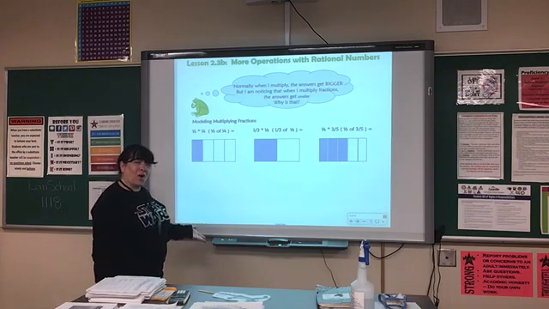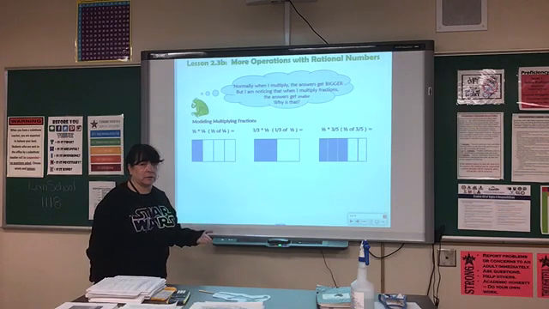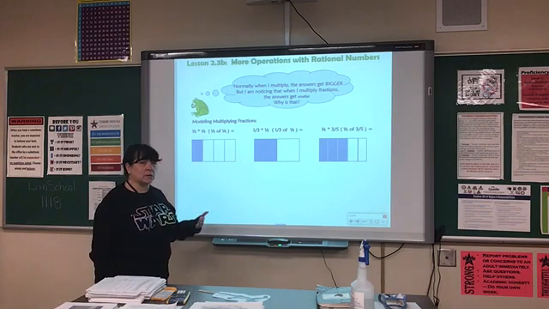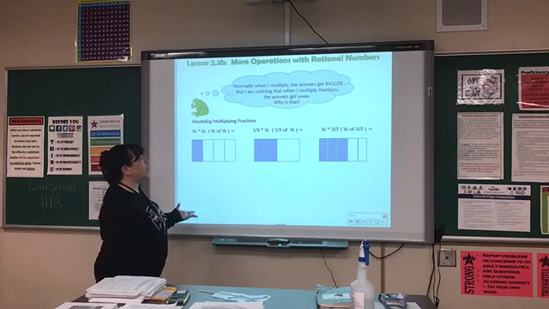And why? Remember, it's because you're taking a part of a part. You're multiplying a part of another part. So you're looking for a portion of that other portion. It's going to get smaller, all right?